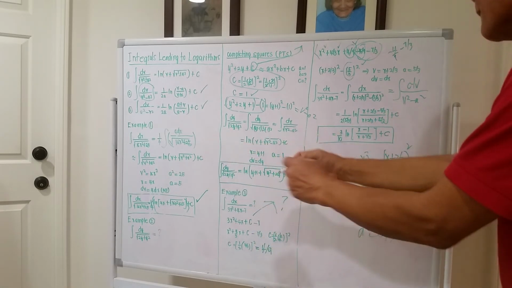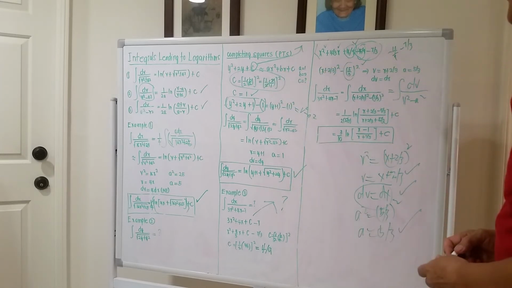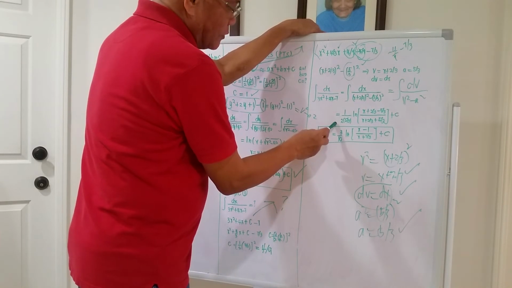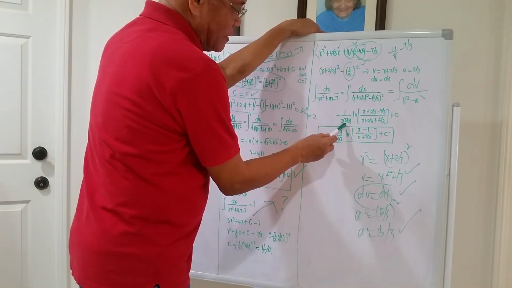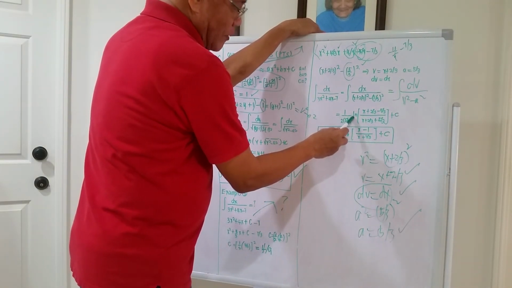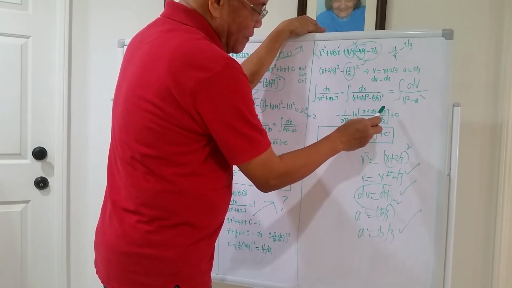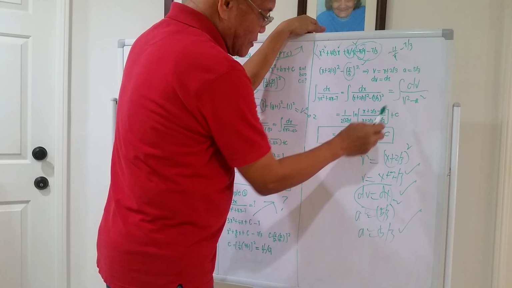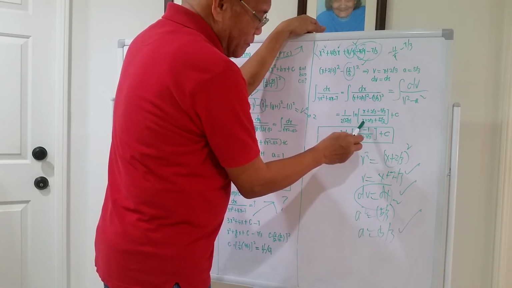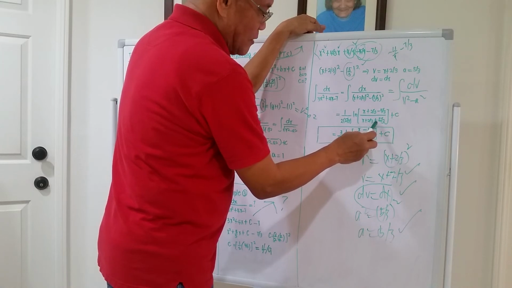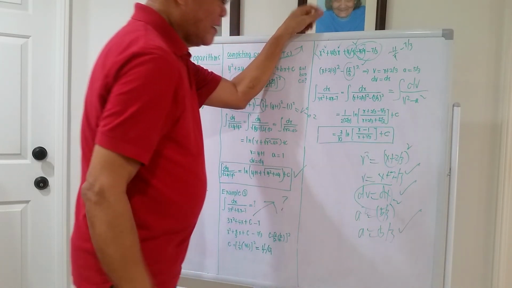So to bring out the final answer, just follow formula number 2. That will be equal to 1/2 times a, which is 5/3, times the natural logarithm of b, which is x plus 2/3, minus a, minus 5/3, all over b, x plus 2/3, plus a, that is plus 5/3.